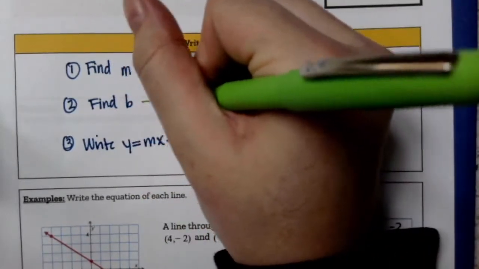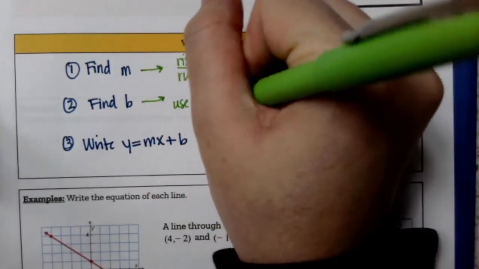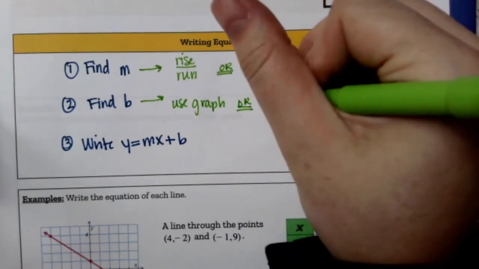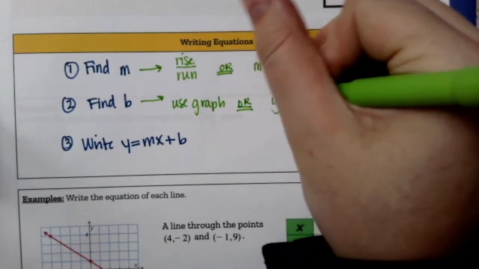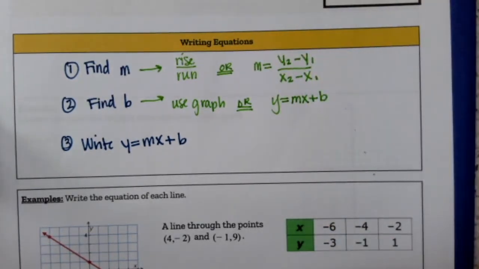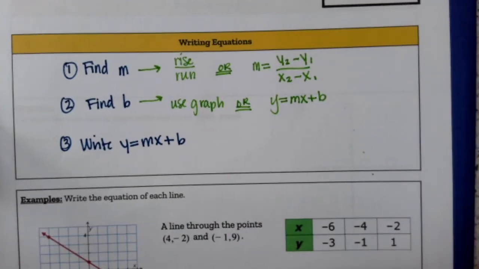You can use the graph, if you have one, and if you don't, you can use your equation y equals mx plus b. So pause it if you need to finish these notes, because we're going to go through an example.